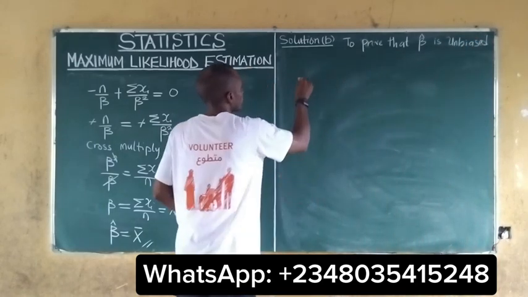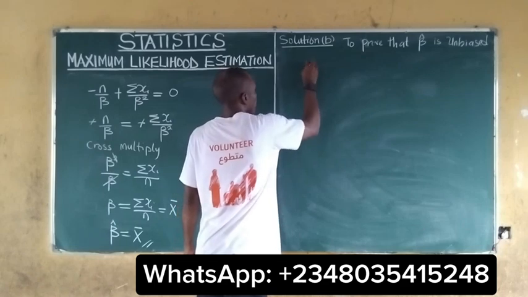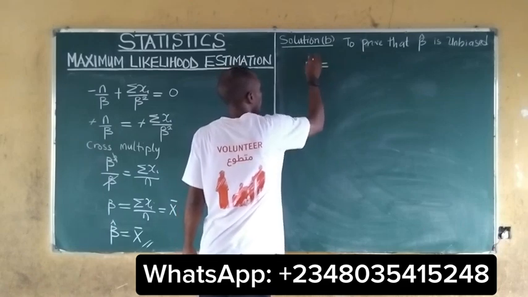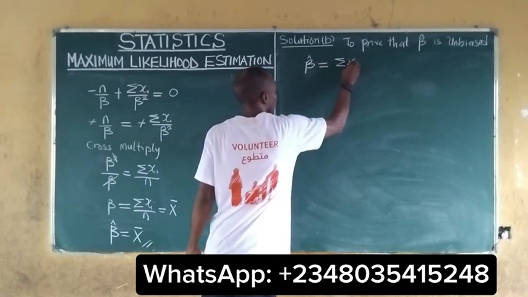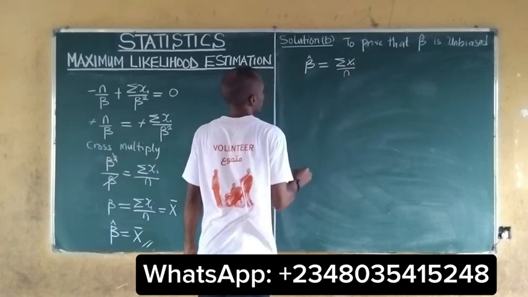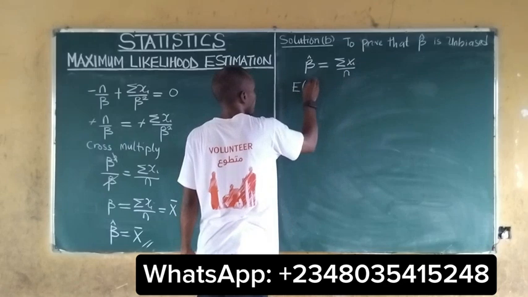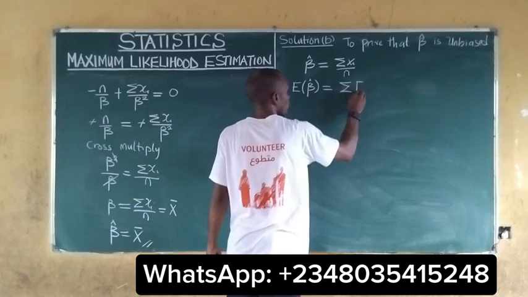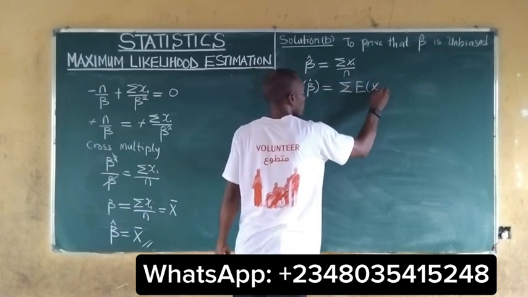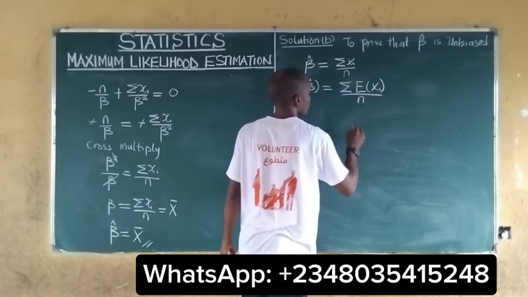we know that from what we got, our beta estimate is equal to summation of xi all over n. So the expected value of beta estimate is equal to summation of the expected value of xi all over n.